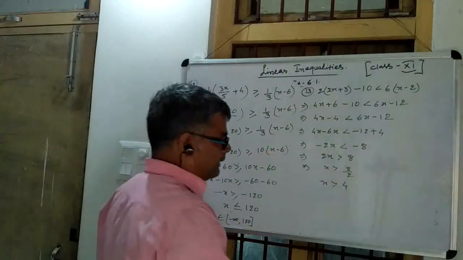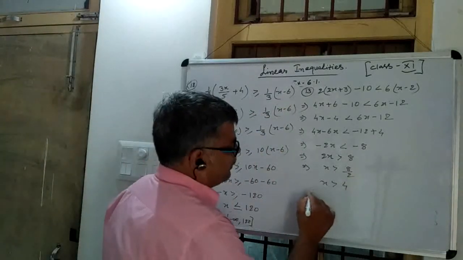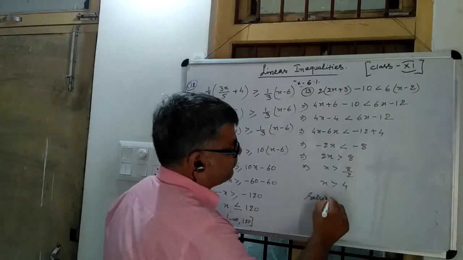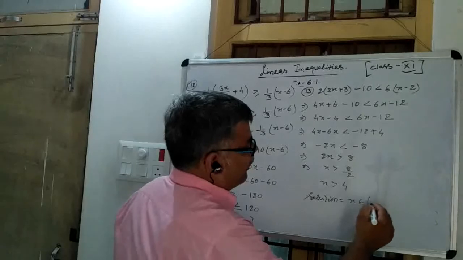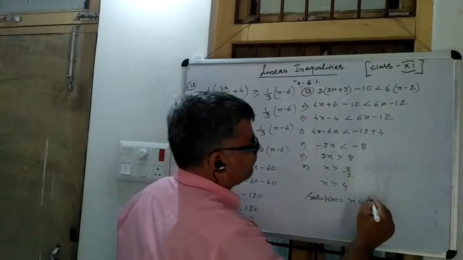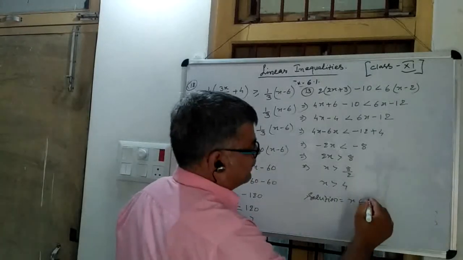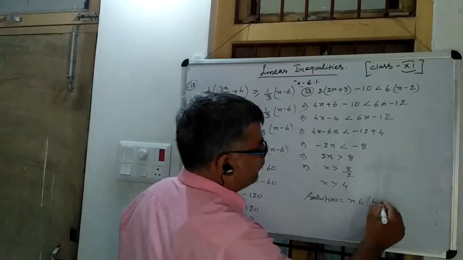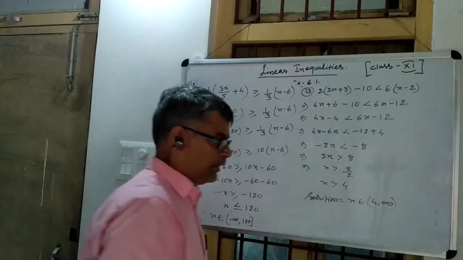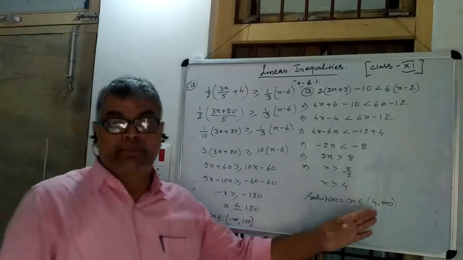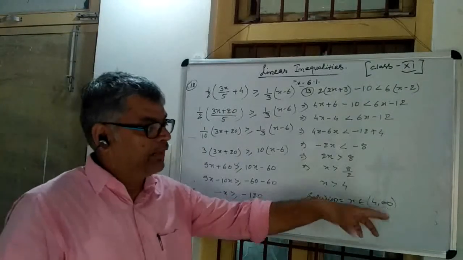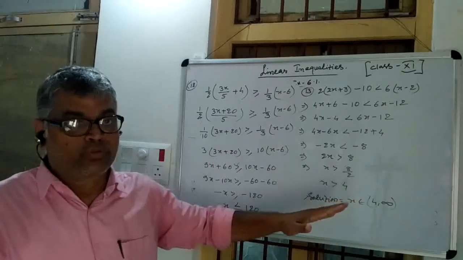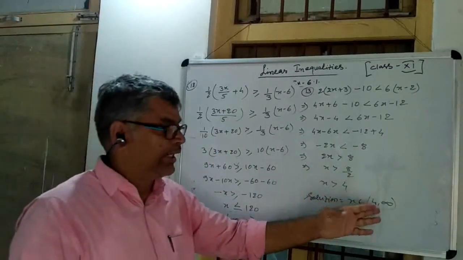So its solution is x belongs to open interval 4 to infinity. From the left side we write the number from where the solution starts, and on the right side we write the number where the solution ends.